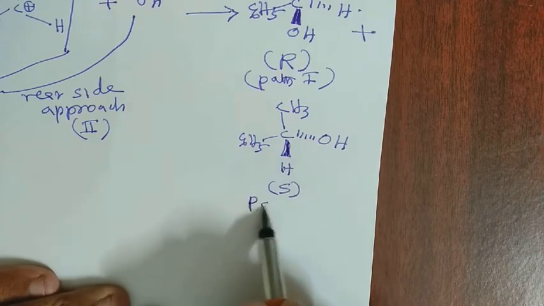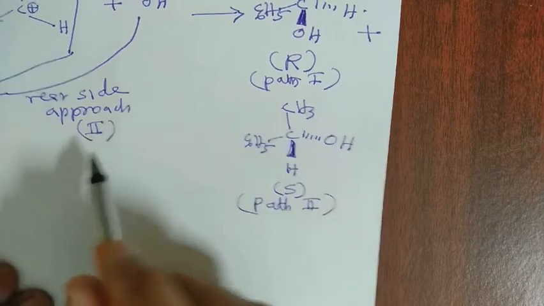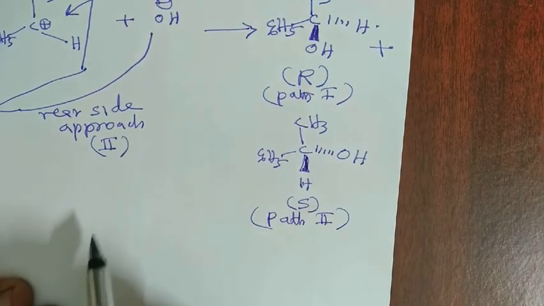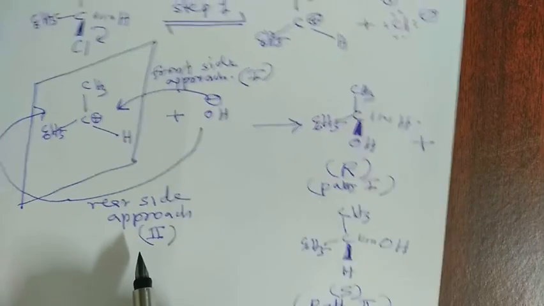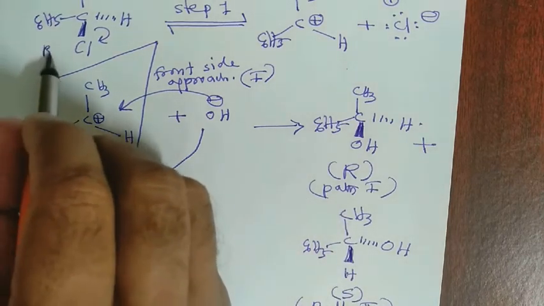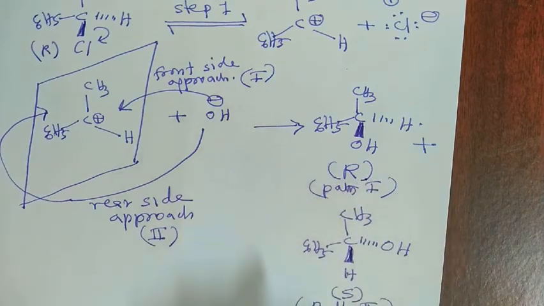This is formed from path 2 or a rear side approach of the nucleophile. So during an SN1 reaction, both retention of configuration and inversion of configuration take place.